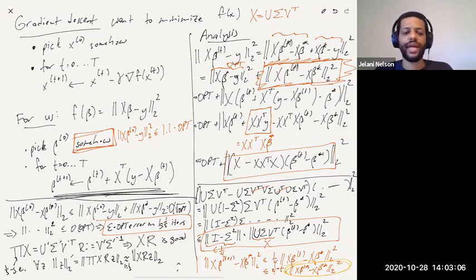The optima of the two optimization problems are exactly the same. So everything that I just said, just run it for XR. Do the gradient descent steps with XR instead of X, and then everything works out.